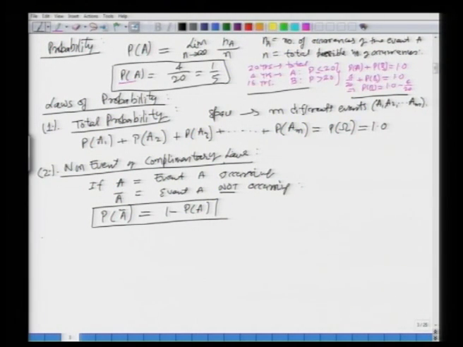Okay, now the third one we are going to look at is what is called the conditional probability, or the law of conditional probability. As the name suggests, when do we need to use the conditional probability?